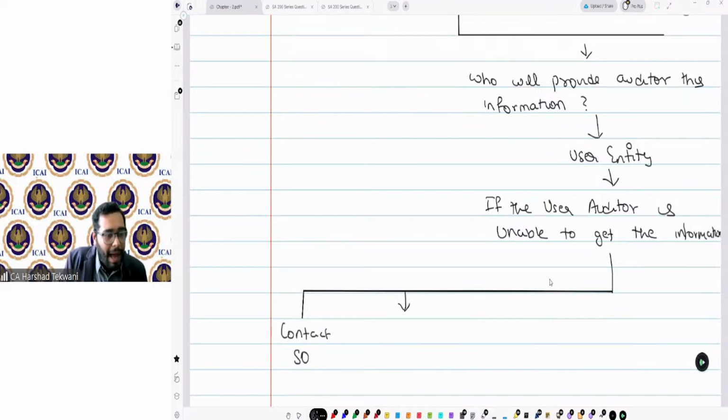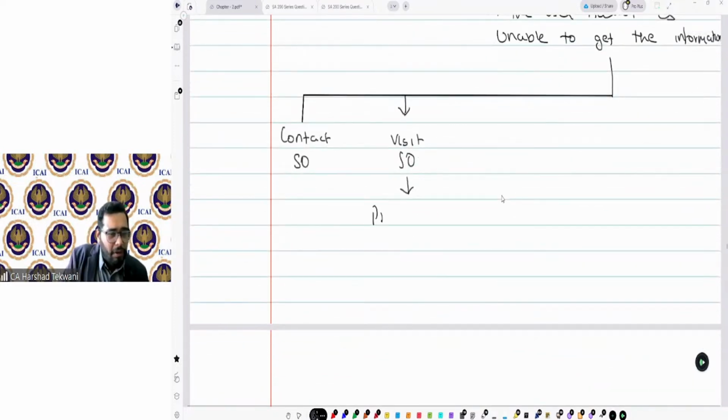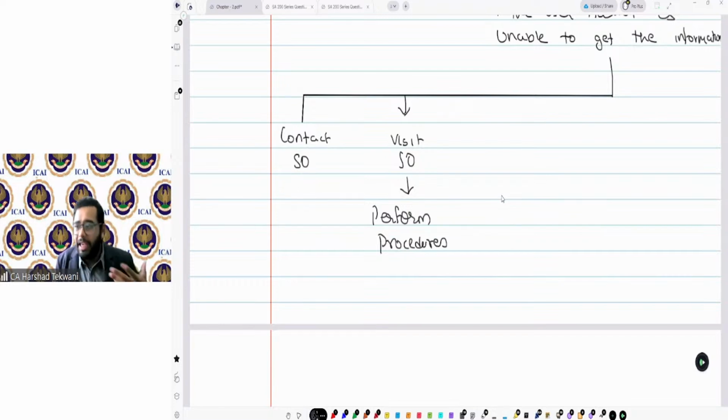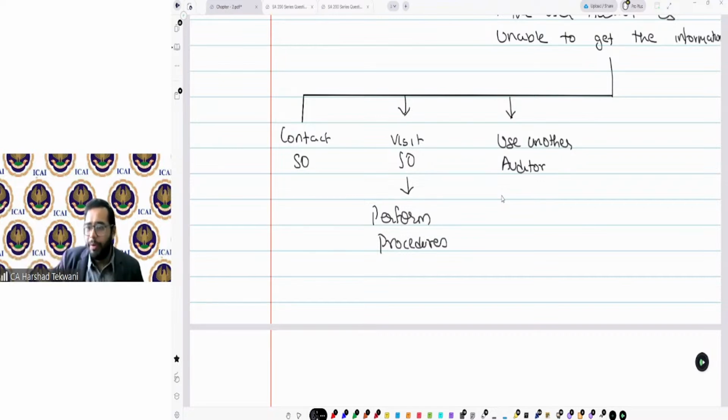Second, I can visit the service organization and perform procedures over there to obtain whatever necessary information I need. Third, I can use another auditor and ask them to please go and perform the procedures over there.